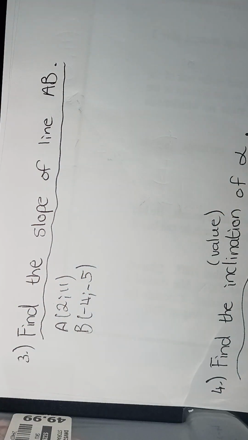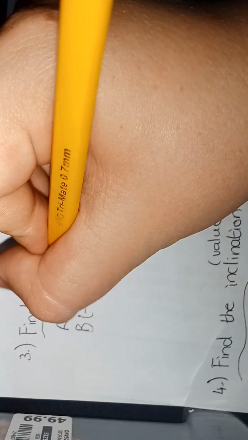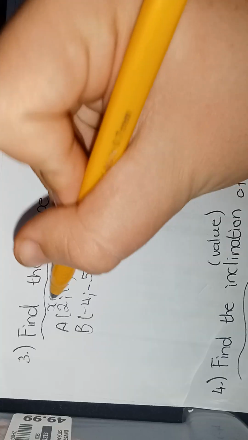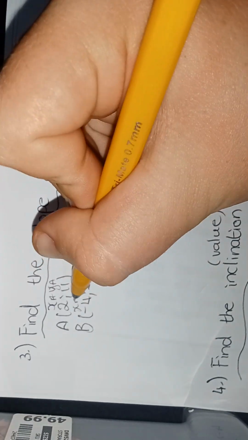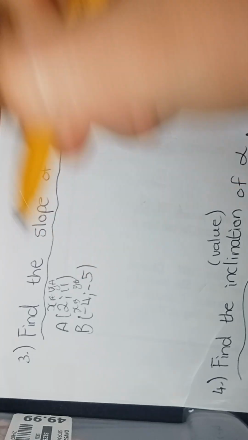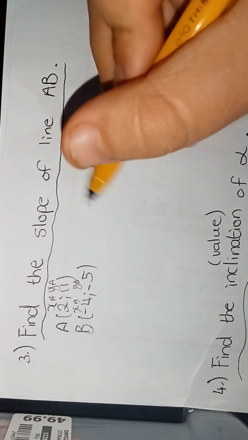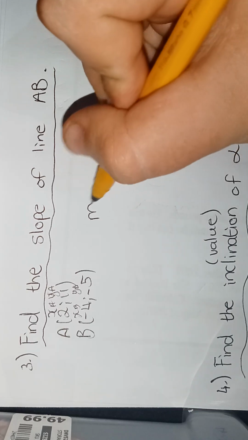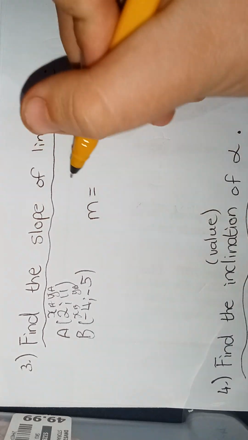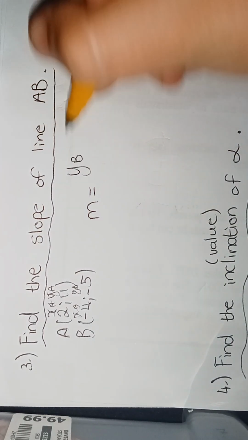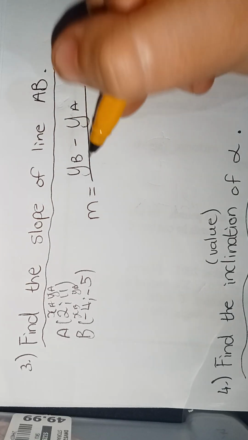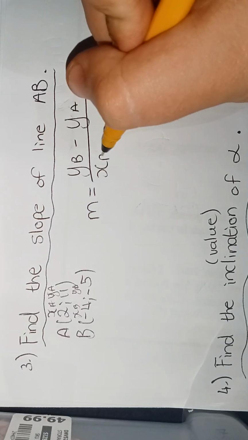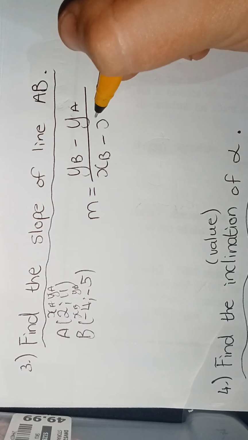So let's just use A and B again. So that's XA, YA, XB, YB. So our slope is equal to YB minus YA divided by XB minus XA.